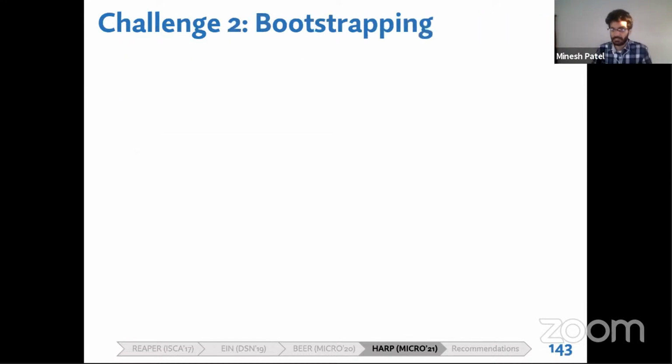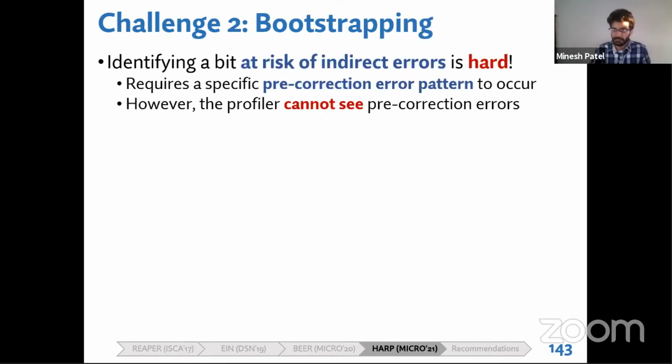So let's take a look at the second challenge, which we refer to as bootstrapping for reasons that will soon be clear. So on-die-ECC makes identifying each bit at risk of indirect errors difficult. This is because observing the bit fail requires a specific pre-correction error pattern to occur. However, the profiler cannot actually see pre-correction errors, so it doesn't know which pre-correction error pattern has occurred.